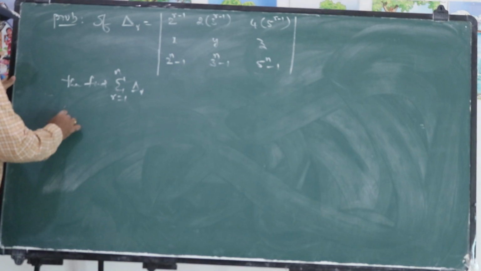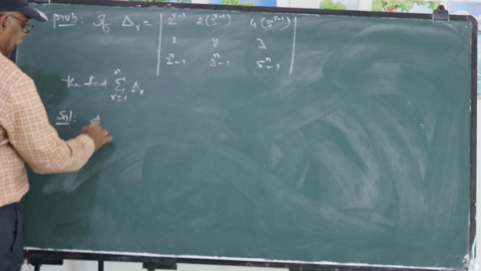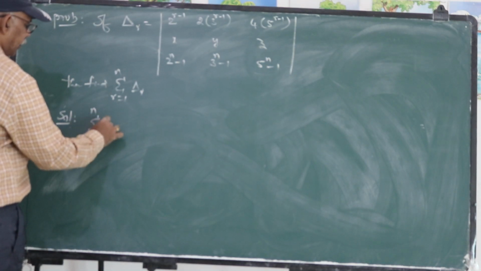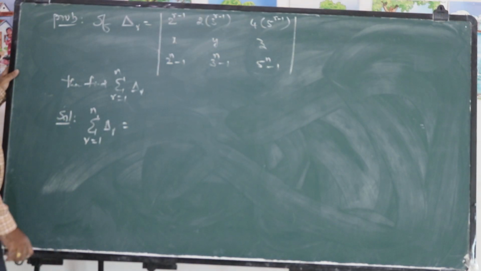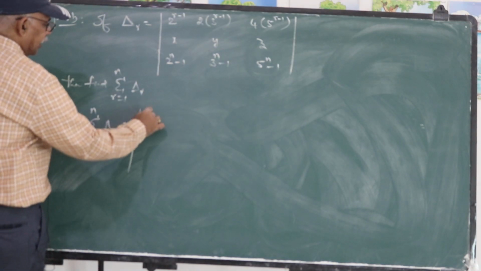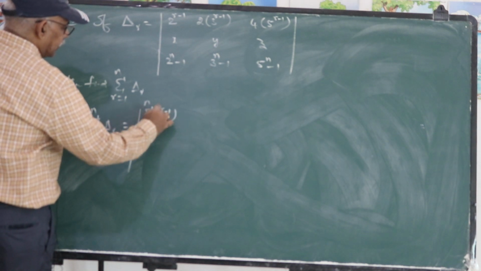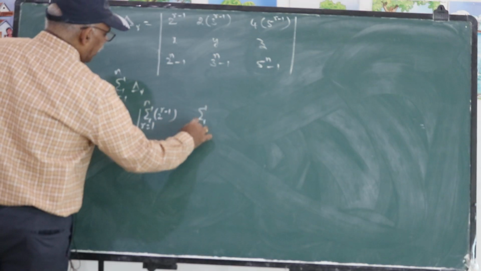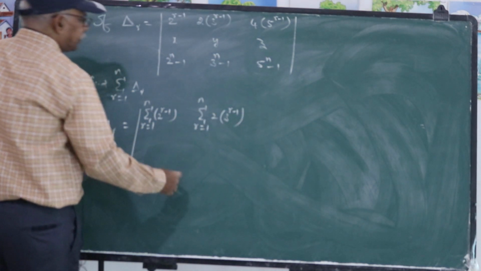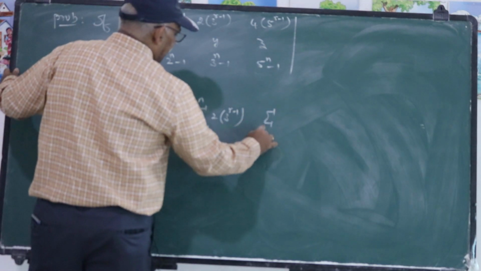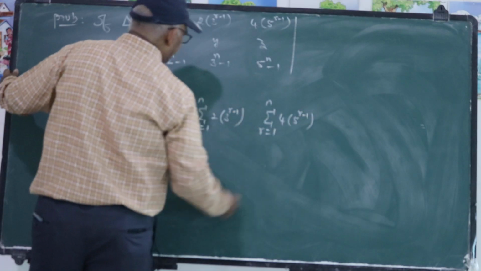So, as in the previous problem, let us apply the summation for r equal to 1 to n. That is sigma r equal to 1 to n 2 power r minus 1, sigma r equal to 1 to n 2 into 3 power r minus 1, sigma r equal to 1 to n 4 into 5 power r minus 1.